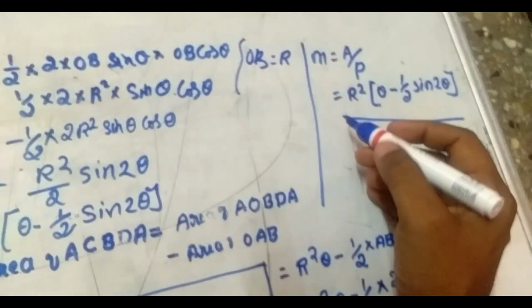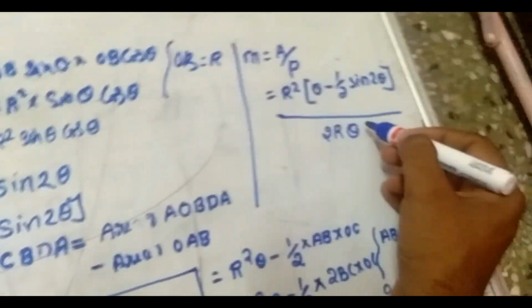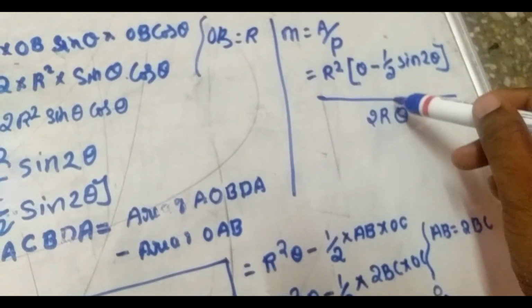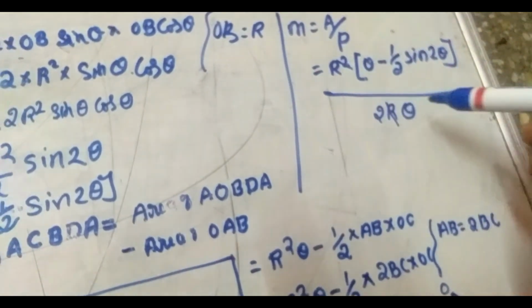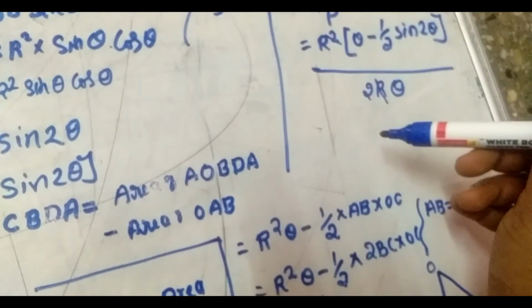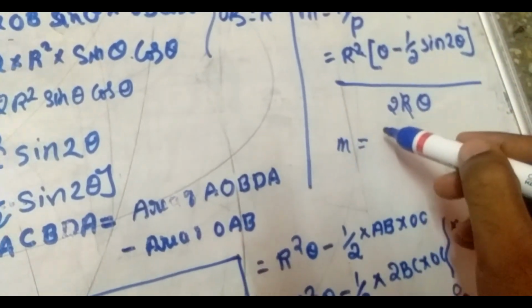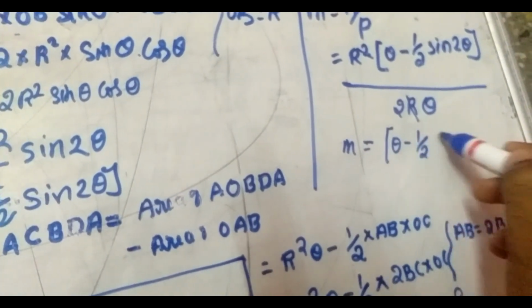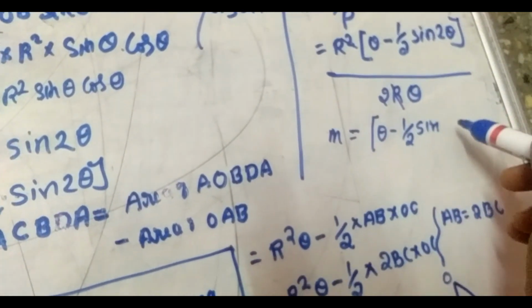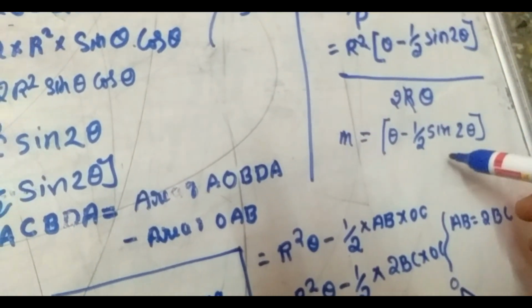Perimeter we know is 2rθ. So this and this will cancel each other. m is equal to θ minus half sin 2θ.